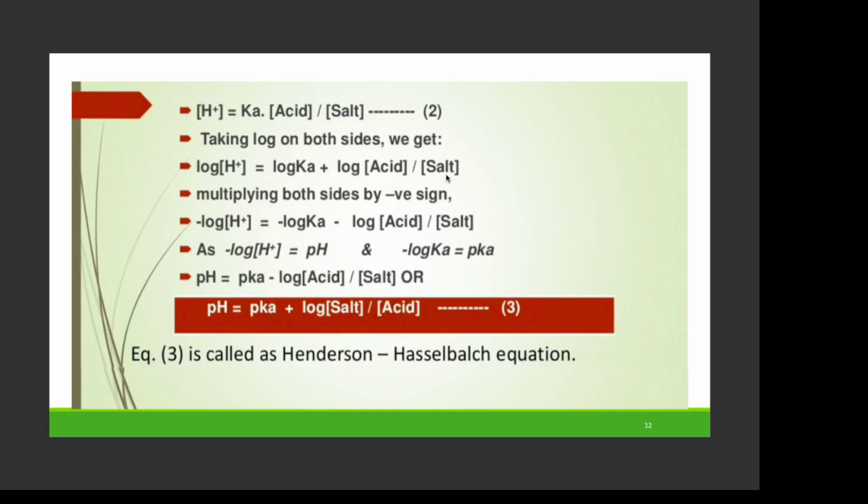So the Kb is here, base dissociation constant. When we rearrange that equation, we will get the first equation: hydroxide ion equals Kb times BOH by B plus. So next slide, please.